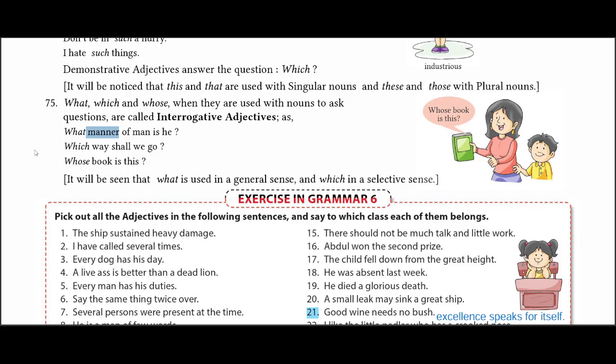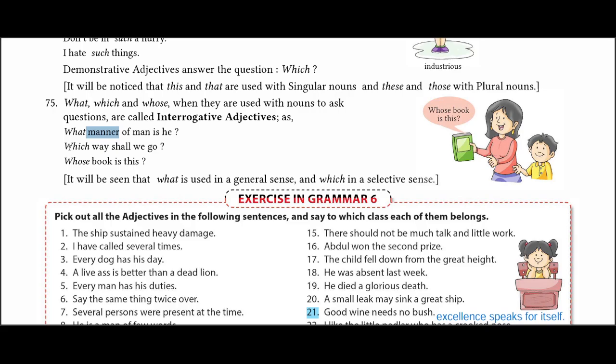It doesn't describe the noun. It doesn't tell the quantity or the number of the noun. It doesn't point out the noun. What does it do? This adjective is used alongside a noun to ask a question. And this is its function here in this sentence.